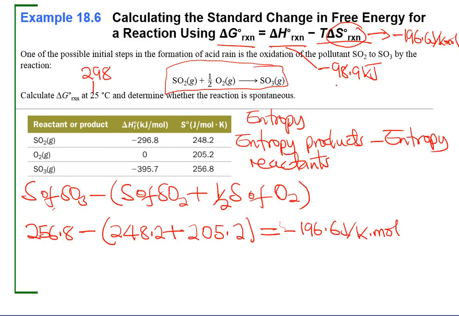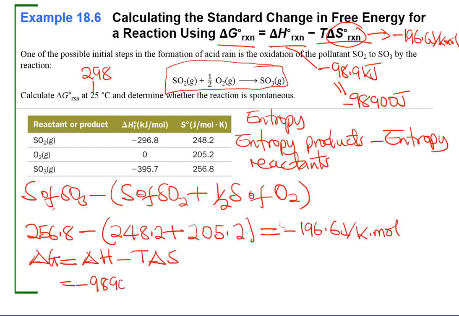The enthalpy here, you need to change it to give it as joules. So you don't want to use kilojoules in your calculation. Once you get here, then you can say delta G is equal to delta H minus T delta S. Now we know our delta H is minus 98900 joules.